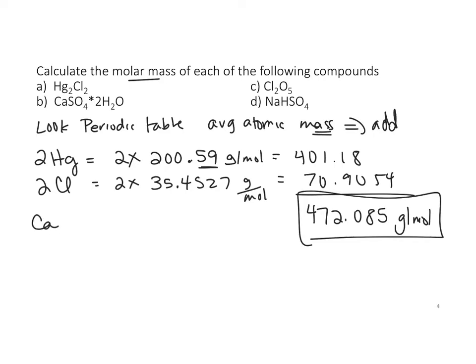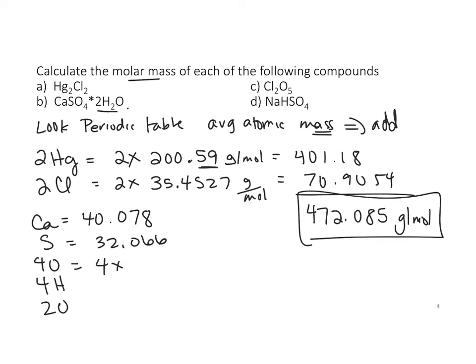We have calcium, you have sulfur, you have 4 oxygens. Here we have, this is a hydrate, 2 times 2 is 4 hydrogens, 2 times 1 is 2 oxygens. And so calcium, when you get the periodic table, you see is 40.078, sulfur is 32.066, oxygen is 4 times 15.99994, so 16.00. 4 times 1.008, oxygen, oh, we have more oxygen, so 2 times 16.